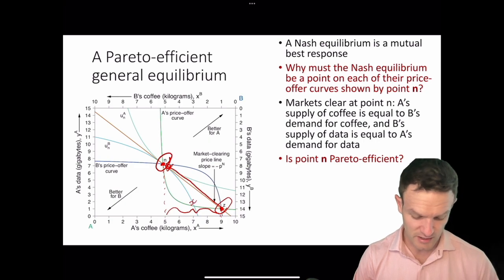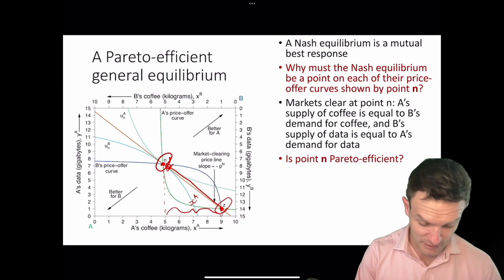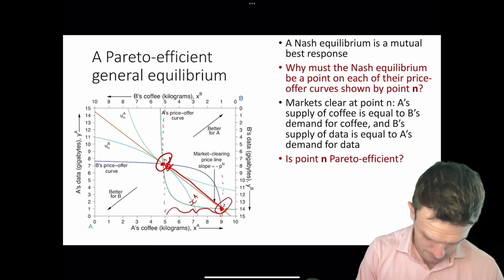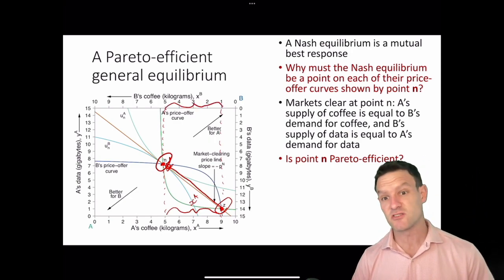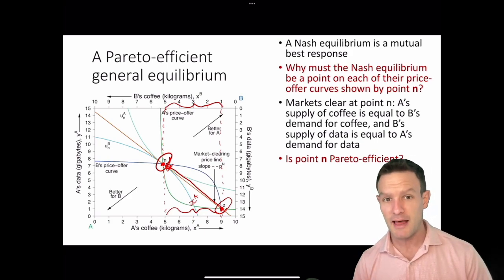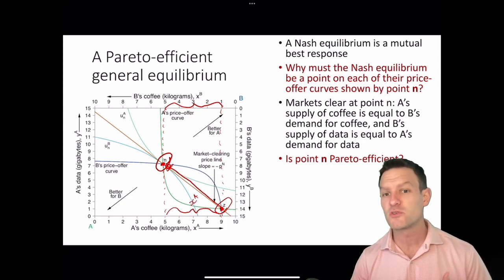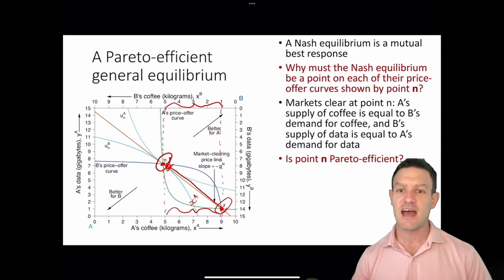That's the amount of X that A is willing to sell to B. And we can see equally that if we look over here and we go up, this amount of X is the amount of X that B would demand at that price. So demand is equal to supply. We could do the same thing for the amount of good Y at that price, and we would see again that demand equals supply. So what that tells us is that demand equals supply at this point, and that point N is a mutual best response.